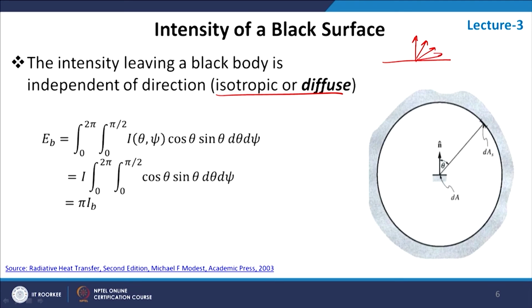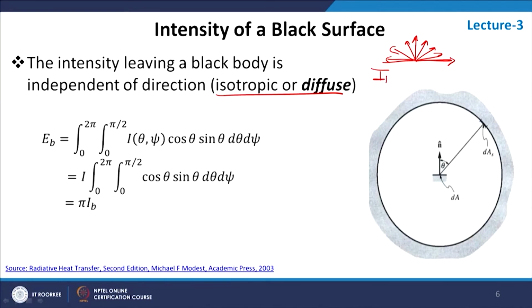A black body emits equally in all directions, and that is what we call a black body. Although it is not practically true, because no body can emit radiation in the direction parallel to the surface, for theoretical purposes we assume that a black body is isotropic, that is, it emits an equal amount of radiation in all directions.